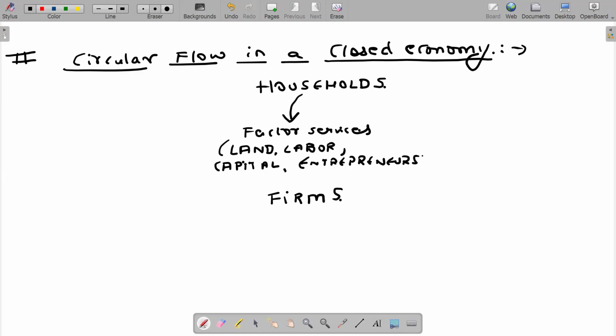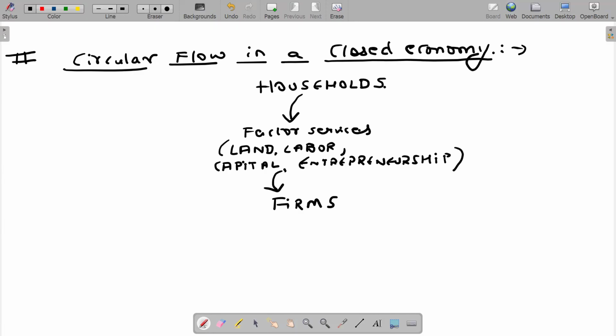Households provide land, labor, capital, and entrepreneurship skills to the firms. Let me write firms with a gap. Households provide these factor services to the firms.